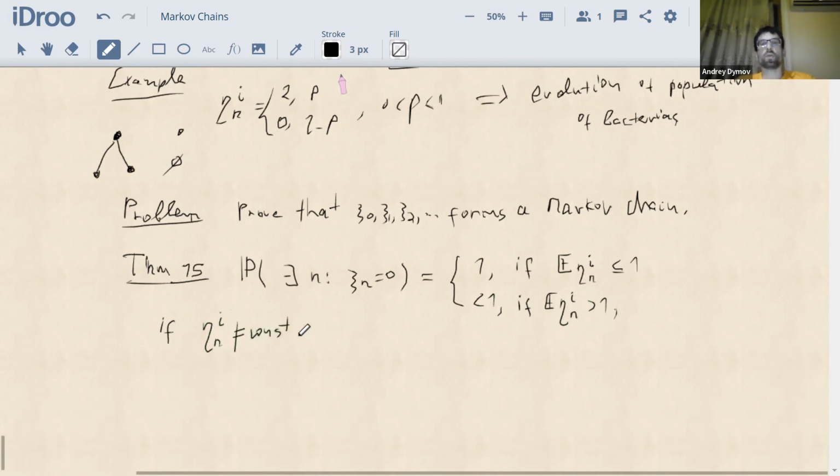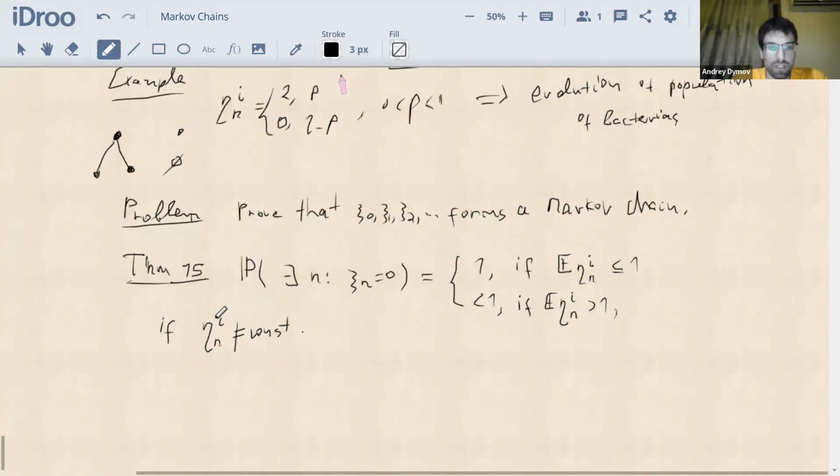So look, all eta i n are identically distributed, right? Then all the expectations are the same. In principle, it's possible that these random variables are not random, so that they just take a constant value. This situation is very boring.